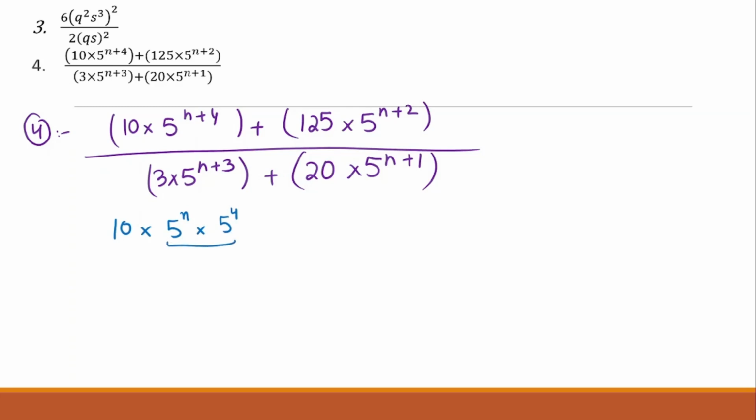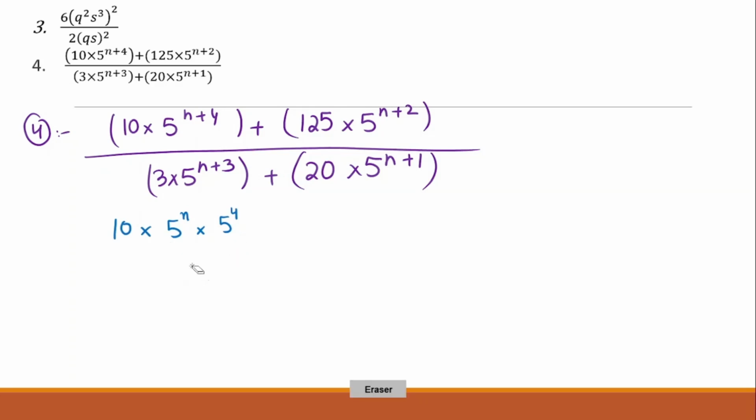The product rule says when two exponents are multiplied with each other, we add the exponents. So 5 to the power n multiplied by 5 to the power 4 is basically the same as 5 to the power n plus 4.